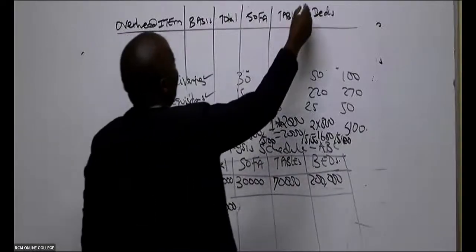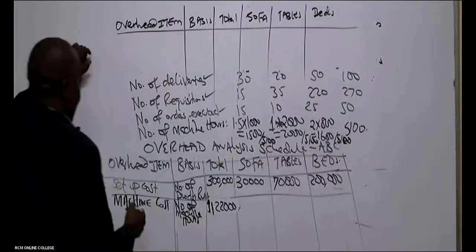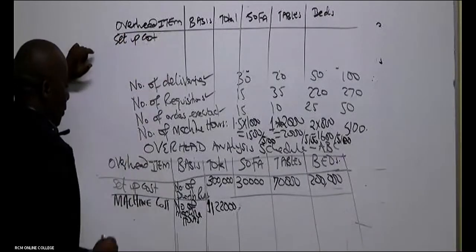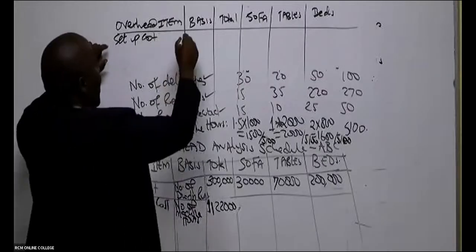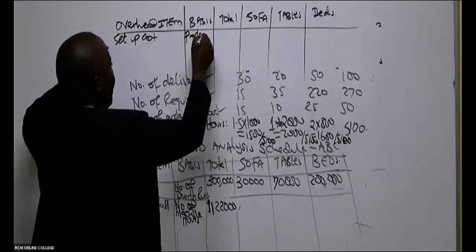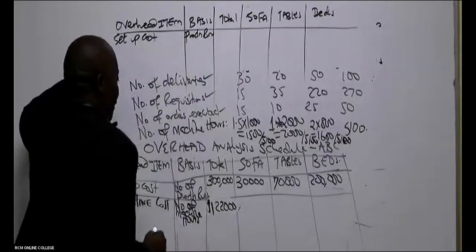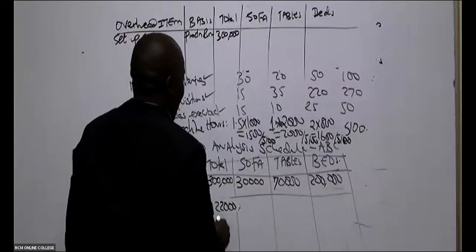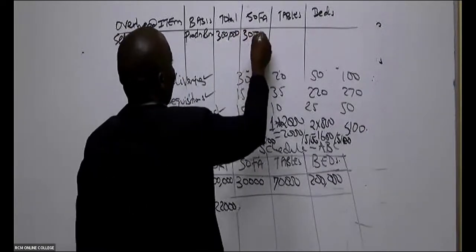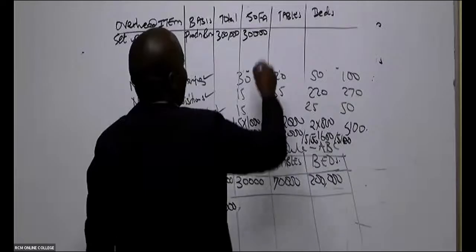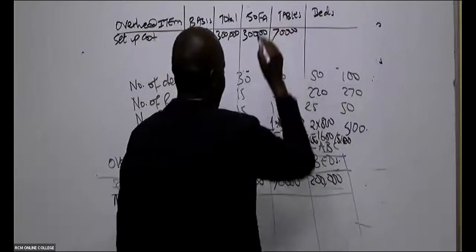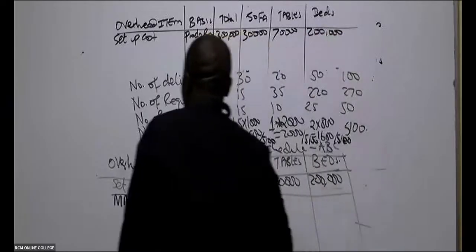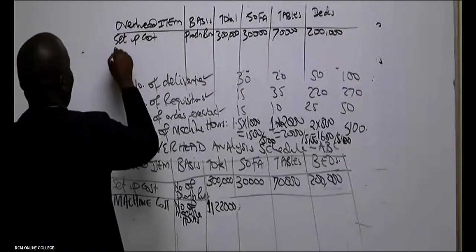So the first one is setup costs. You've told me the basis is production runs. The total is 300,000. So far, 30,000. Tables, 70,000. Beds, 200,000.